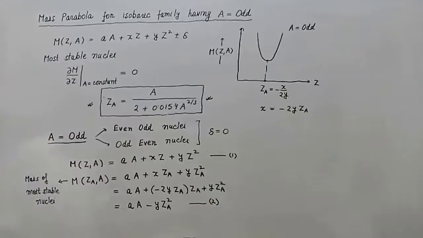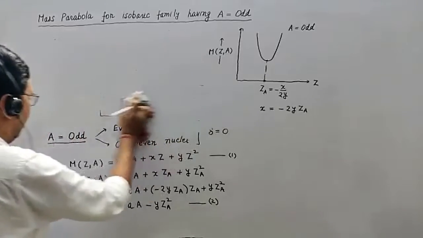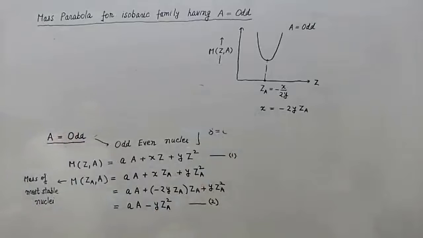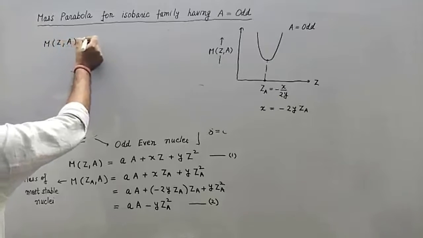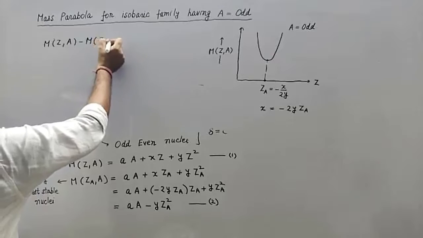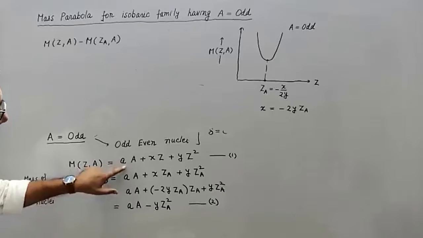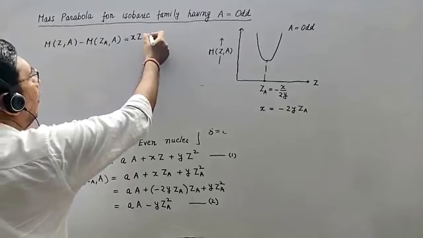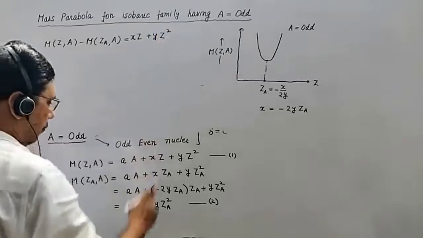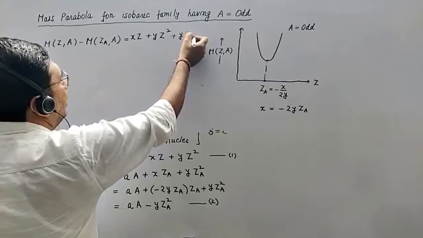Subtracting the second equation from the first, M(Z,A) minus M(ZA,A): the alpha A term will be cancelled out, and this will become XZ plus YZ square, and minus minus plus, so this will be YZA square.